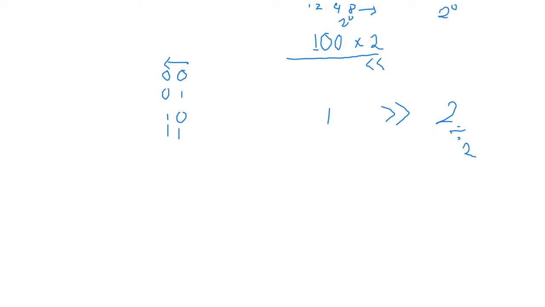Basically 2 to the power 0 is what? A 1. That is why we have the result being a 1 on there. So if I shift it again, it becomes 2, which is 1 0. And if I shift it again, it becomes 4.